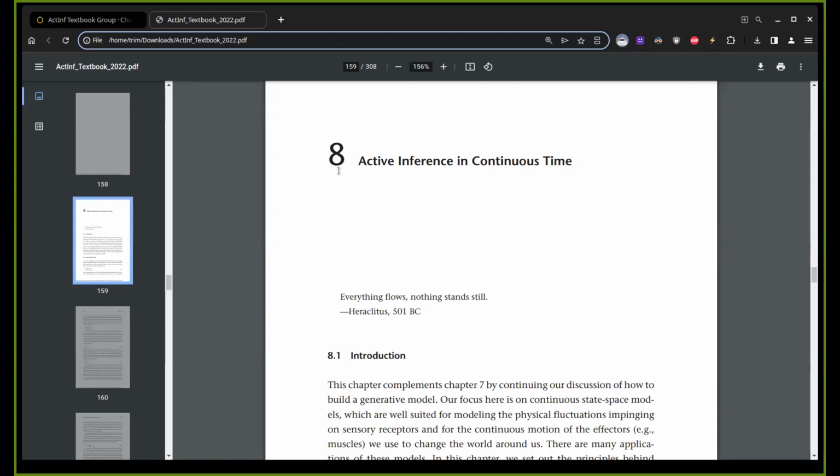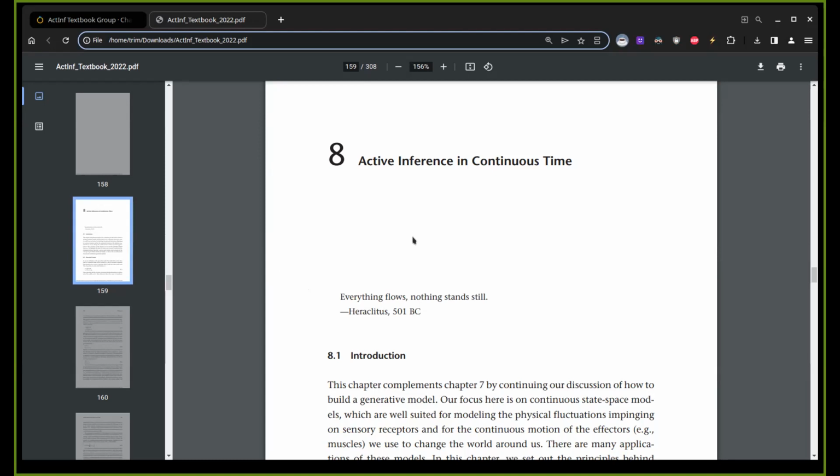by highlighting situations where they seem to apply more naturally. For example, the discrete time formulation seems to be a natural fit for discrete decision-making tasks, like which slot machine are you going to pull? Whereas the continuous time model seems to be a more natural fit for analog perception and control systems like proprioception and sensory motor behavior. And chapter 8 is also going to get us to hybrid nested models.